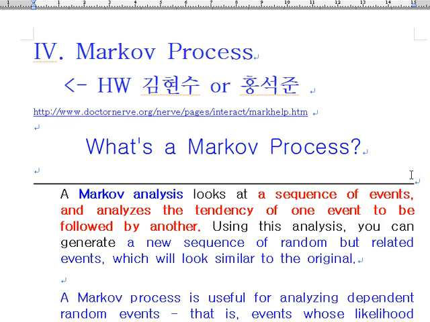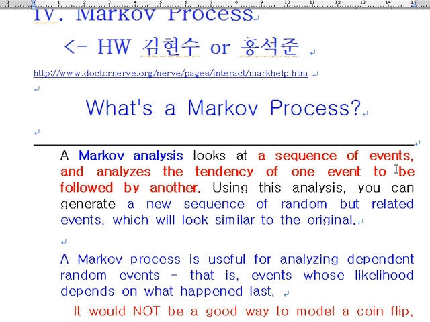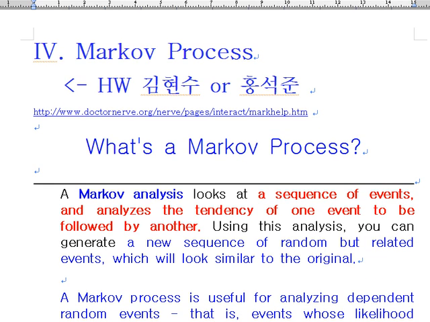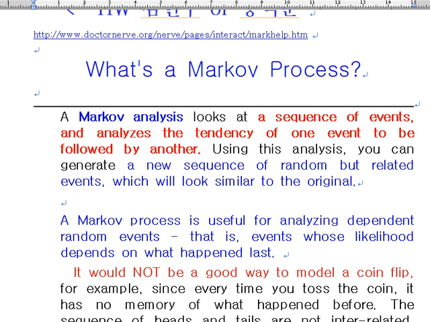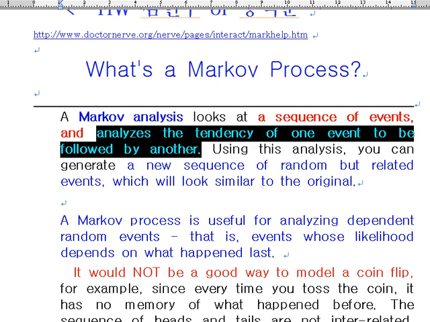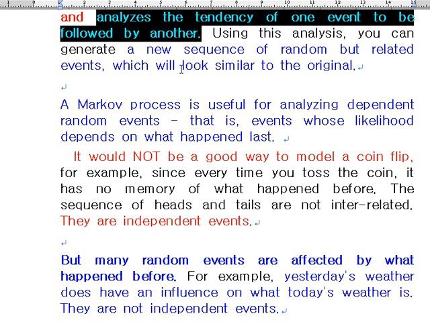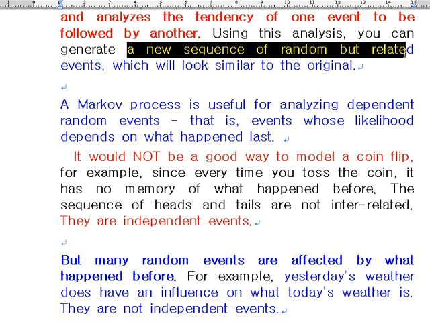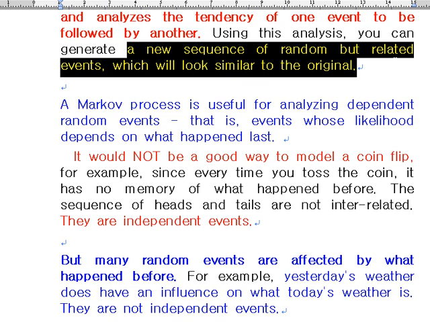Okay. Next subject is the Markov process. What is a Markov process? Who can talk about it? Mr. Hong? You must have heard about it. A Markov process looks at a sequence of events and analyzes the tendency of one event to be followed by another, to produce a new sequence of random but related events which looks similar to the original.